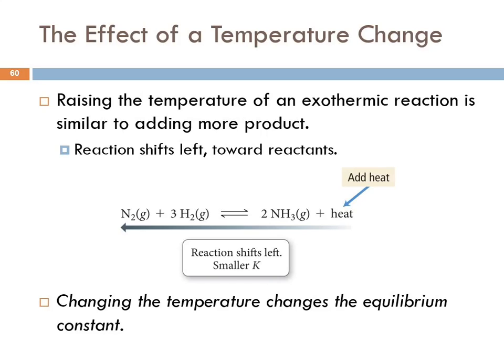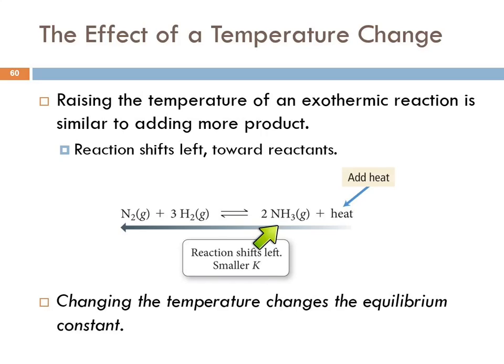Can anybody tell me why? Or tell me why it doesn't change the equilibrium constant when we're dealing, like if we were adding NH3, that wouldn't change the equilibrium constant, but adding heat does. Heat is not a term in the equilibrium expression.